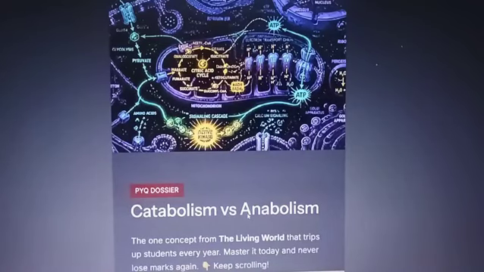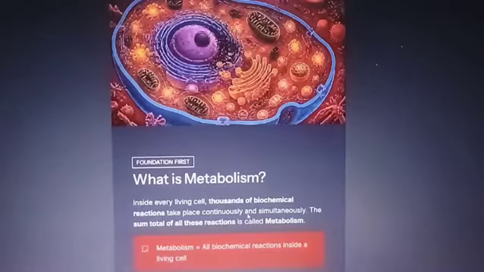The two terms that often confuse students are catabolism and anabolism. Now, before understanding these two terms, we must first understand metabolism because catabolism and anabolism are parts of metabolism. So, what is metabolism?